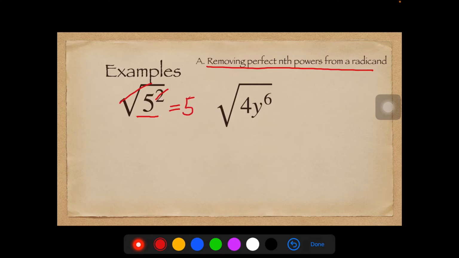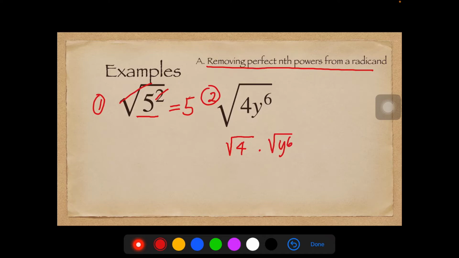Okay. For the second example, we will apply the second law of radicals, because we can see that we have the square root of 4 times the square root of y to the 6.